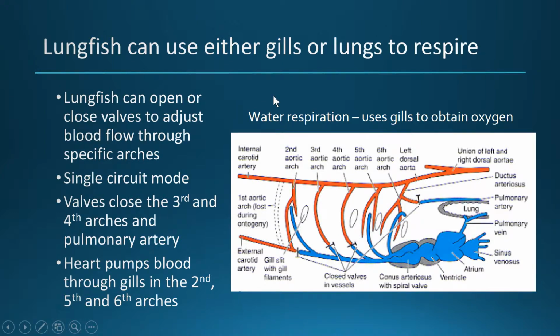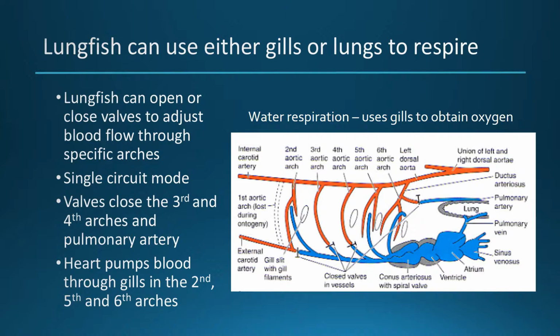Lungfish are really cool because they can actually breathe water or they can breathe air, so they can switch back and forth, and they need to have a mechanism in order to switch. And what they do is they have these little valves, and the valves can kind of open and close blood vessels.